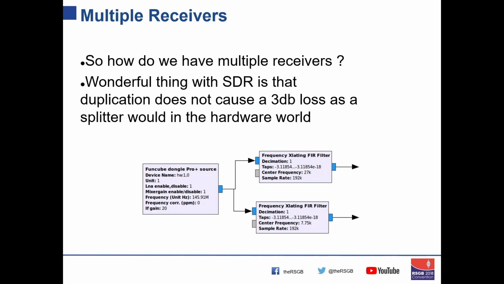But note that I send that signal to two separate frequency translating FIR filters, or two big tuning knobs. If you look carefully, you'll see they're on different frequencies. So this, back in the day, was allowing me to receive multiple FUNcube spacecraft at the same time and just leave it running. Obviously not shown here is the two rest of the chains.